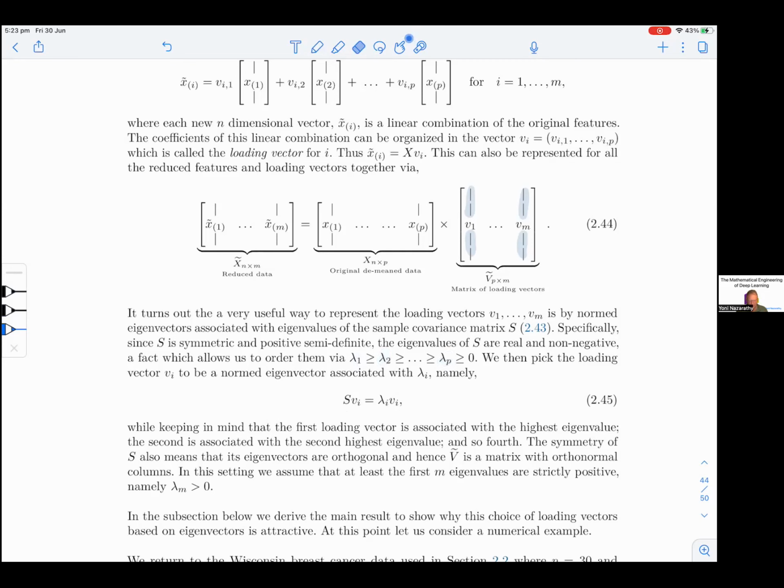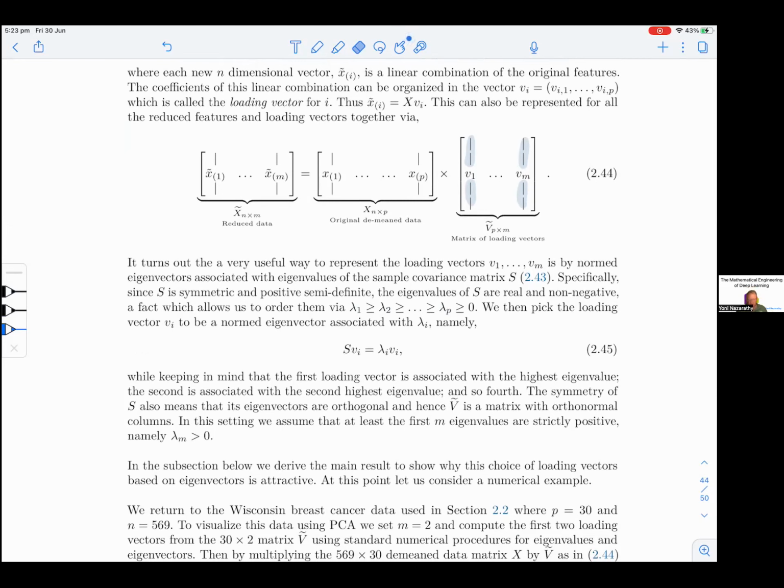The symmetry of S also means that its eigenvectors are orthogonal. That's a property of a symmetric matrix: its eigenvectors are orthogonal. And hence V tilde is a matrix with orthonormal columns. In this setting, we assume that at least the first m eigenvalues are strictly positive, so lambda m is strictly positive.